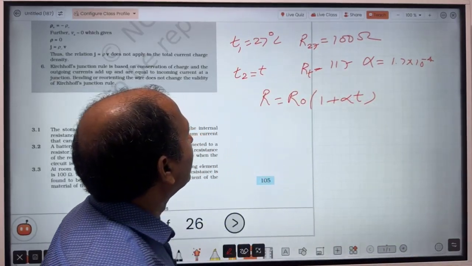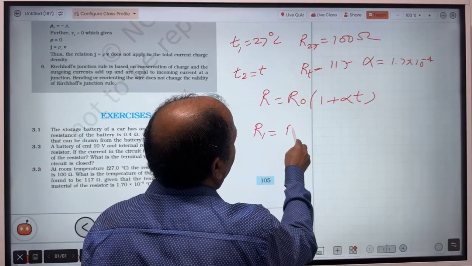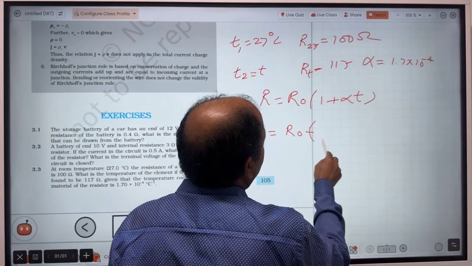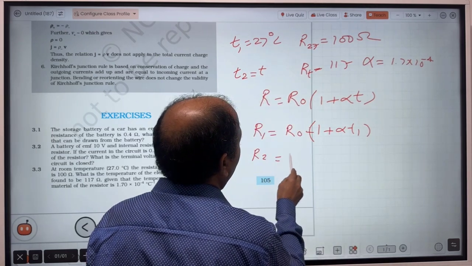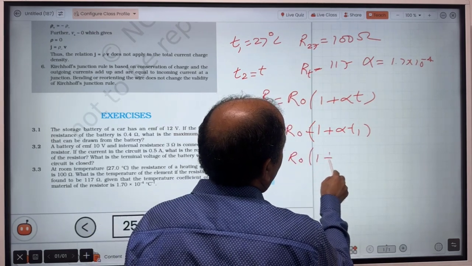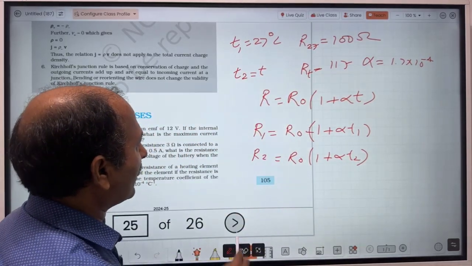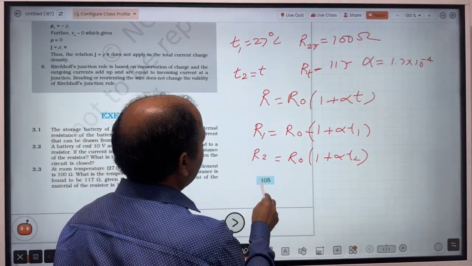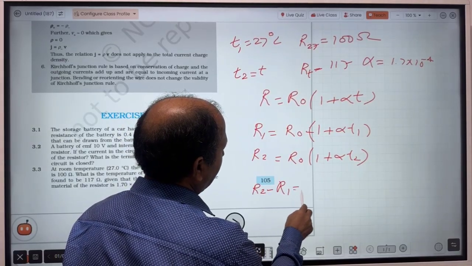So here you can simplify. You just write R1 equal to R0 times 1 plus alpha t1, and you can take R2 equal to R0 times 1 plus alpha t2, and then you can subtract the two relations. So if you subtract, suppose you write R2 minus R1, what do you get?